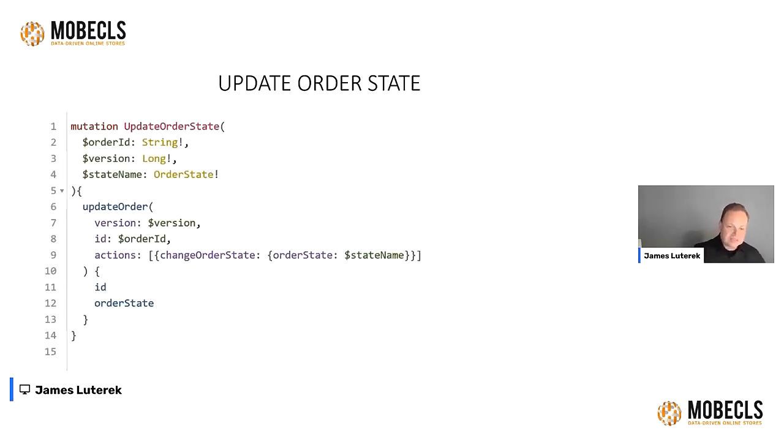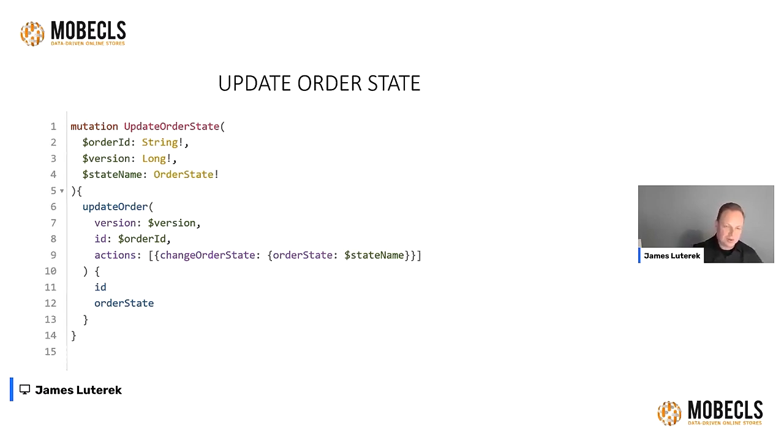A mutation looks very similar to a query, so I won't go into it in extensive detail. And each implementation might be slightly different depending on how they handle mutations and updates. Here at Commerce Tools, we do everything through update actions, where you specify exactly what you want to change about that data point.